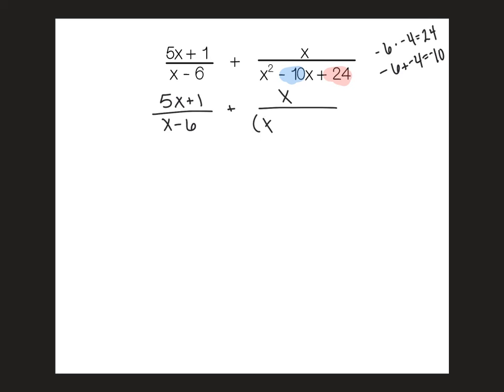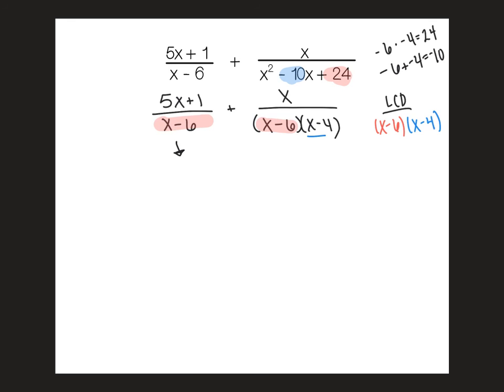So I'm going to rewrite this as x minus 6 times x minus 4. To figure out my least common denominator, I'm going to write down the entire first denominator. If anything matches exactly in the second denominator, I don't want to write that again. However, I do want to write anything remaining. So my least common denominator is x minus 6 times x minus 4.